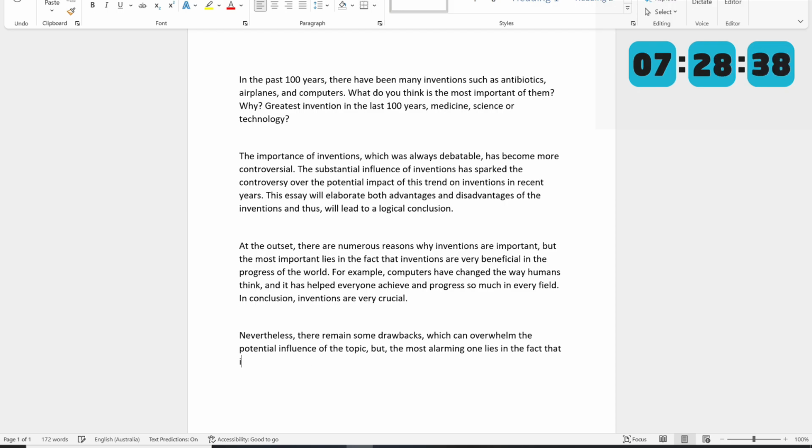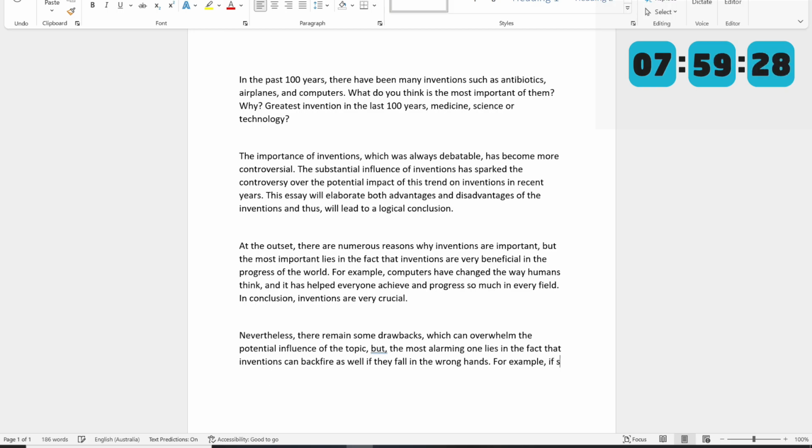Now you can say that inventions can backfire as well if they fall in the wrong hands. Obviously, if someone else got hold of these inventions and misuses them, they can prove to be a disaster as well. For example, I'll use the same computers, but now I can think of something negative about computers.